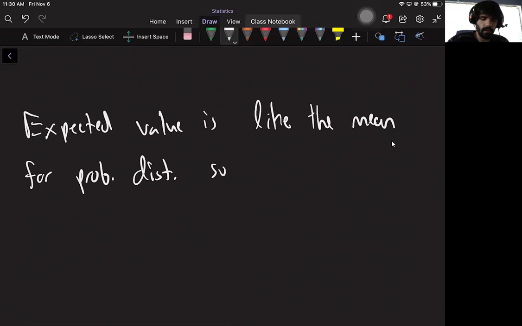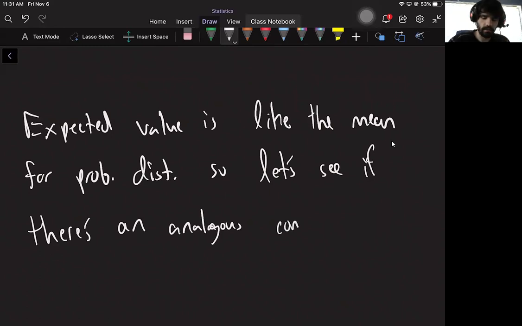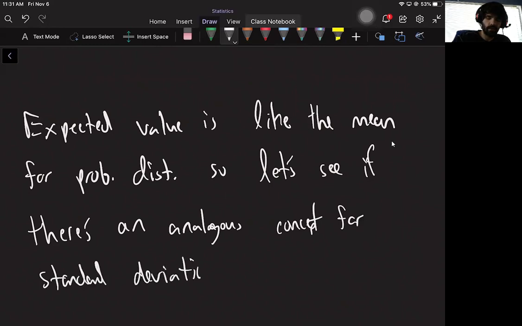So what's something we learned about that goes with the mean is the standard deviation. So let's see if there's an analogous concept for standard deviation. And how would that work?